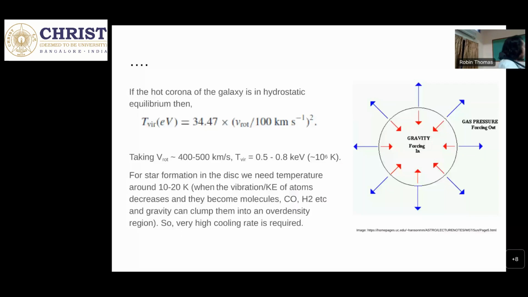Also, for a simplistic case, you can take the gas at the virial radius and take the velocity; in the simplest case, distance covered is velocity times time. If you consider that time scale, which is the virial radius divided by the rotational velocity, it comes to about 10^12 years, more than the Hubble time. So that 10^11 solar mass galaxy cannot be made within Hubble time.